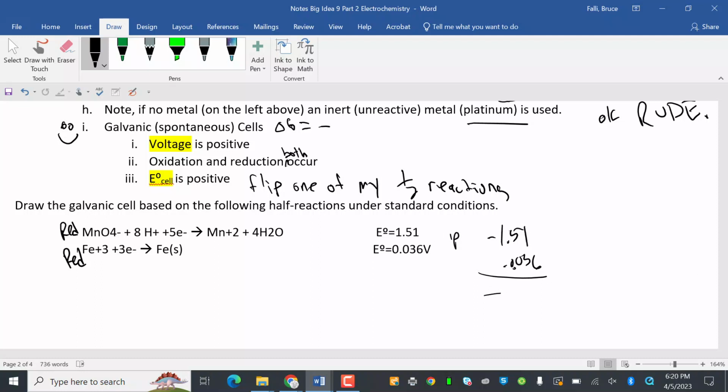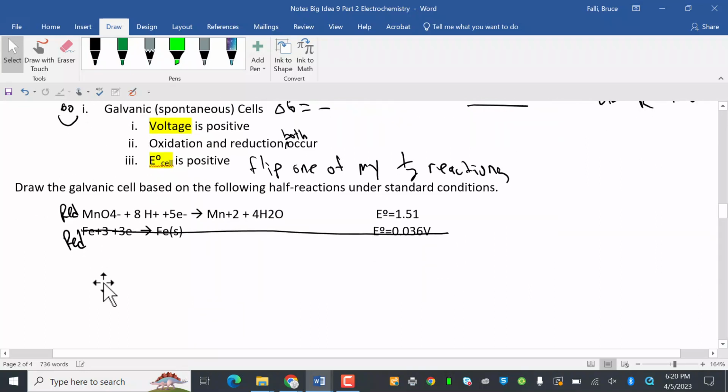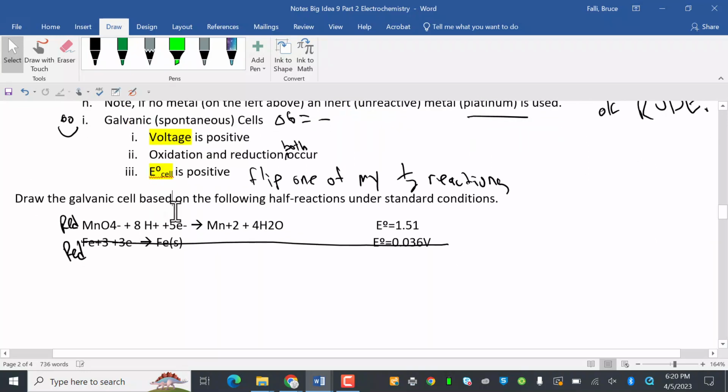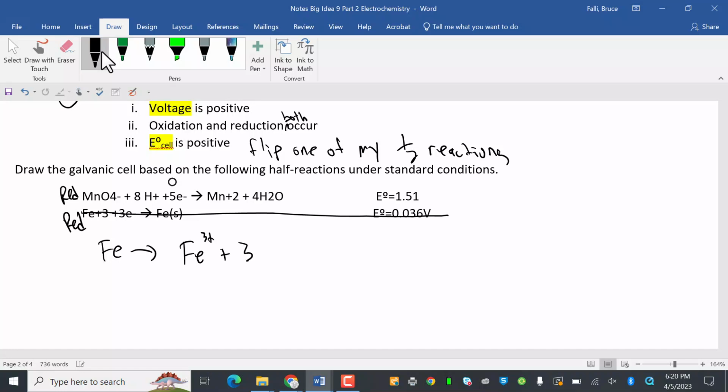I pity the fool. So what I'm going to flip is the bottom one. I'll draw a line through this and rewrite it. Fe yields Fe3+ plus 3 electrons. Since I flipped it, E0 equals negative 0.036 volts.